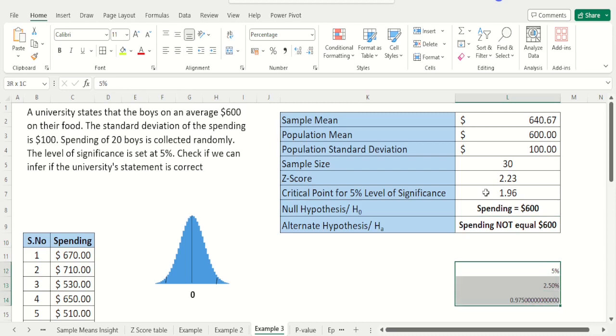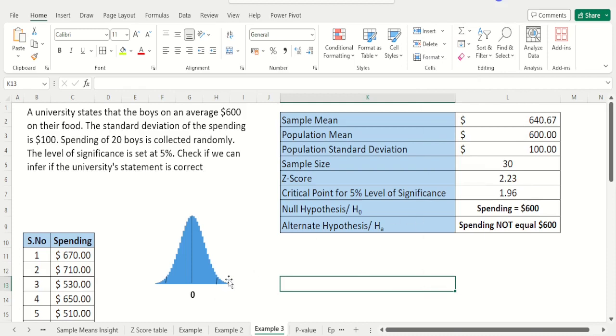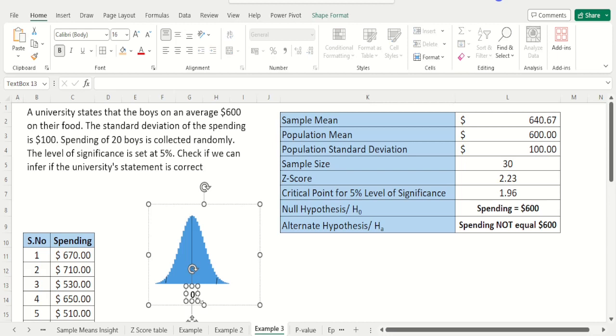Having said that, does it change anything for us? Well, in this case, it doesn't. What you'll notice is that even if this point right here represents 1.96, the z-score of your sample is still extreme.